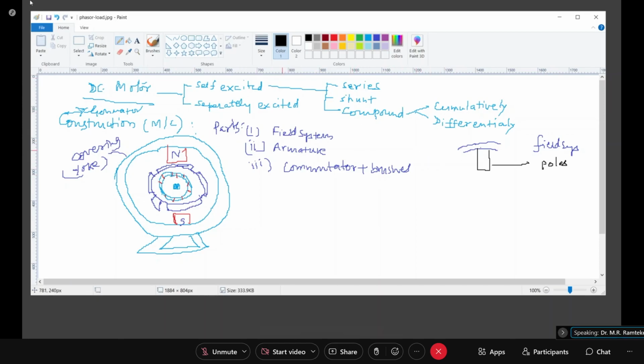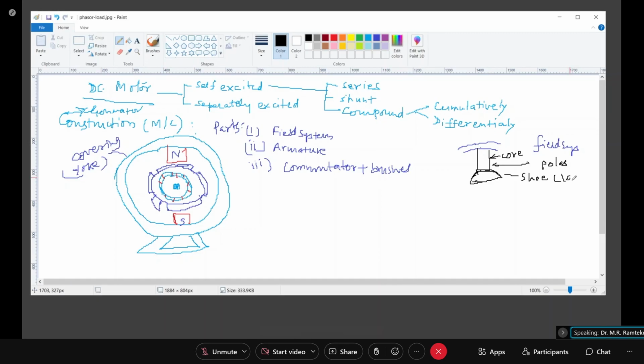On this pole, you actually have the core and the shoe, two different parts. This portion we call the pole shoe, and this is my pole core. The shoe must be laminated.